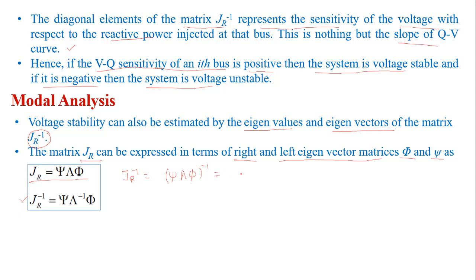This is nothing but phi inverse, modal matrix inverse, psi inverse. So phi inverse is nothing but psi, the modal matrix inverse, and psi inverse is phi. So JR inverse is this.